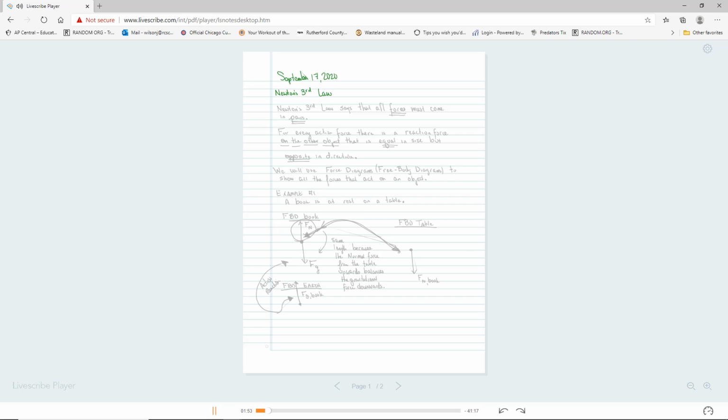So let's state it correctly with all the words, and then we'll talk about it some. It's what its gist is. It says that all forces come in pairs.